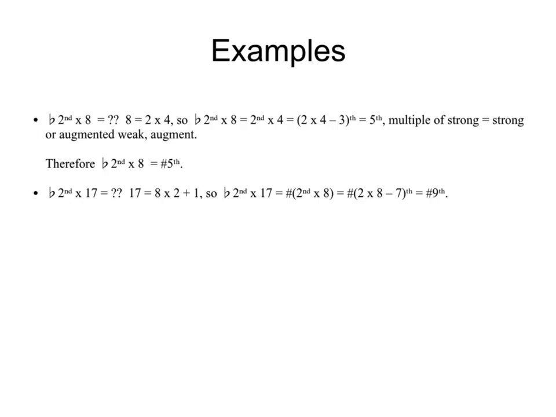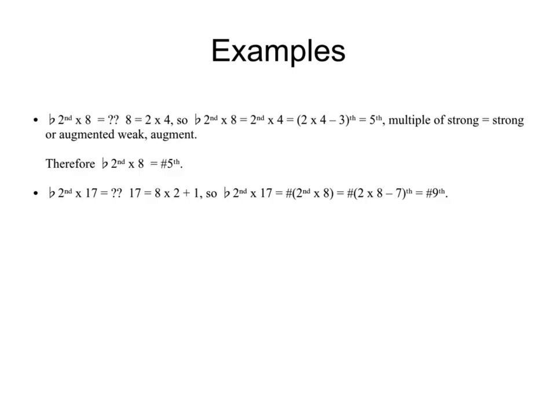So a second times 4 is equal to 2 times 4 minus 3, which is a fifth. Since the multiple of a strong interval is a strong or augmented weak interval, we need to augment that. So we get minor second times 8 is equal to augmented fifth.